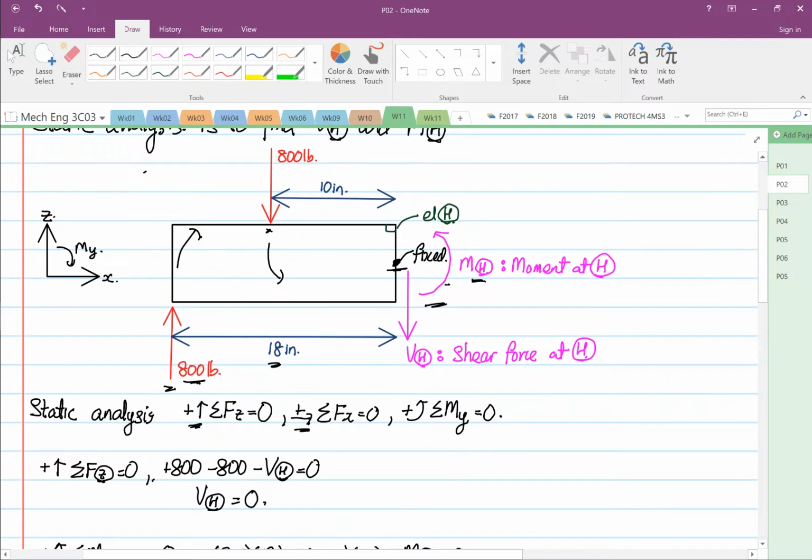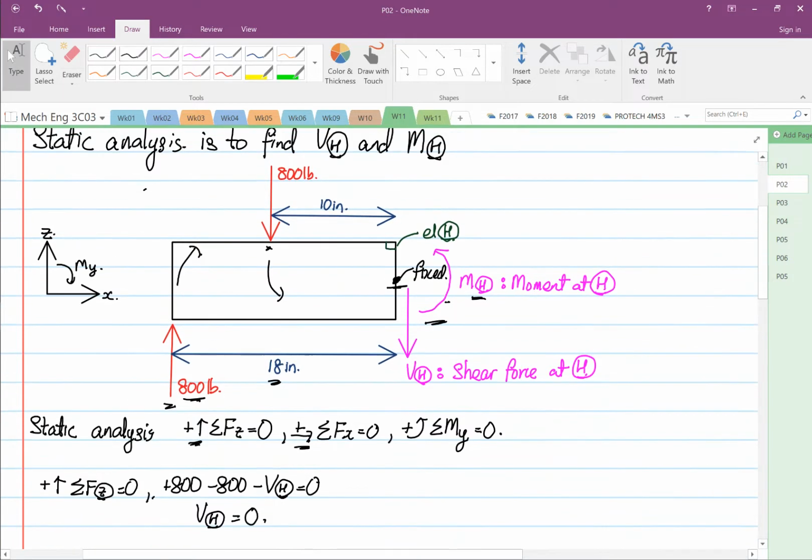So this shaft will bend this way because this end is fixed. This direction is correct, action equal to reaction. The overall deformation will look like this.